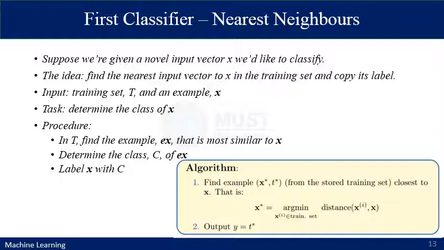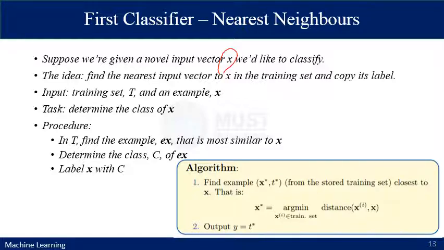In this case, our first classifier is the nearest neighbors algorithm. Suppose we are given a novel input vector specified as x and we would like to classify it. In image classification terms, we are given an input image of a cat or another animal and we would like to classify or label it.